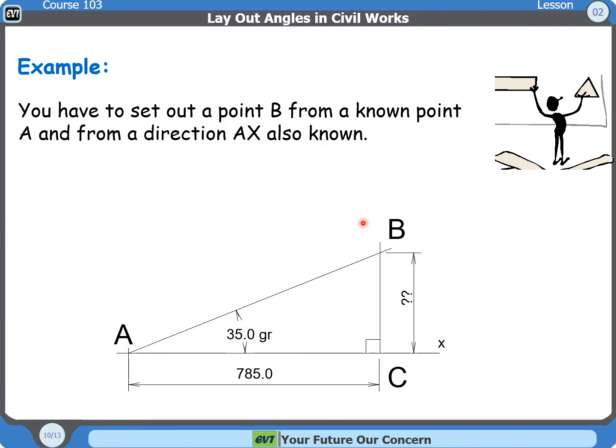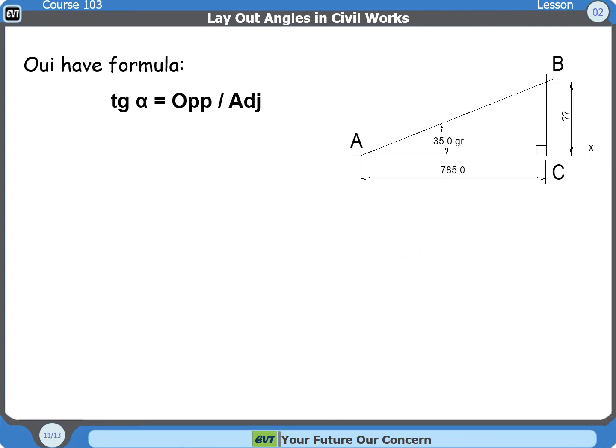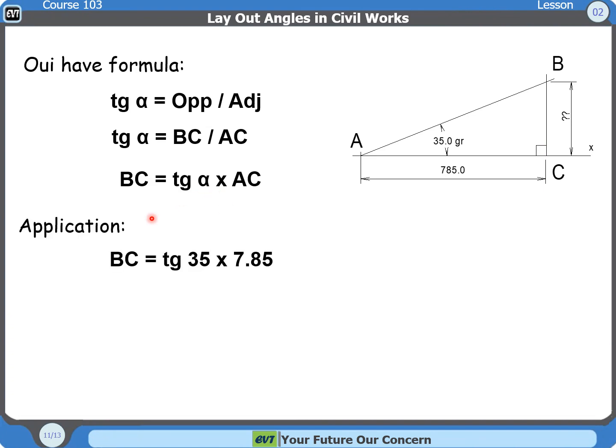We need to set out a point B. Now we have a formula: tangent alpha equals opposite divided by adjacent. In this case, the tangent of this angle equals side BC divided by side AC. Opposite side BC equals tangent alpha times AC.